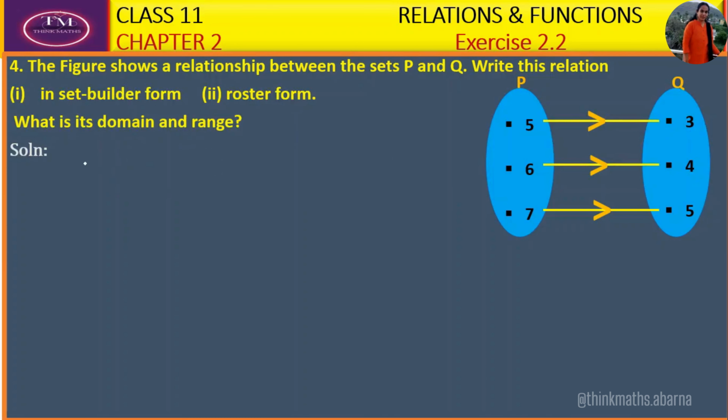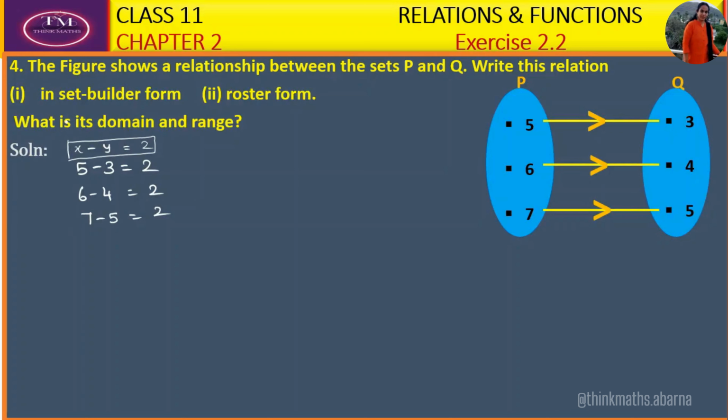So we get 5 minus 3 is equal to 2, 6 minus 4 is equal to 2, 7 minus 5 is equal to 2. It is x minus y. If you take the elements in P as x and the elements in Q as y, we get the relation x minus y is equal to 2. Understood? So this is the relation.